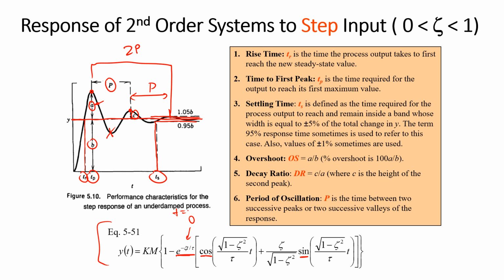Anything e to the minus t is going to go to 0, so you're just going to be left with k times m. And that's going to be the final y infinity equals k times m. That's going to be the steady state value.